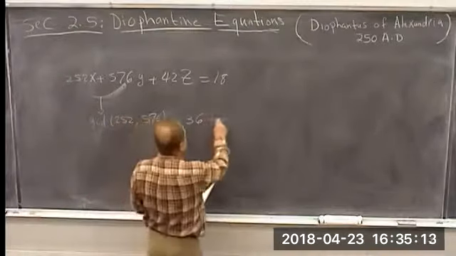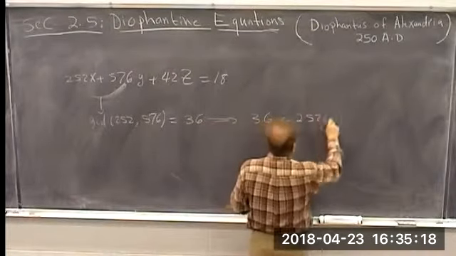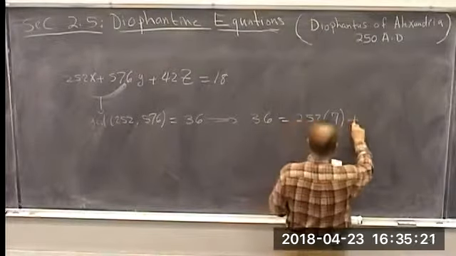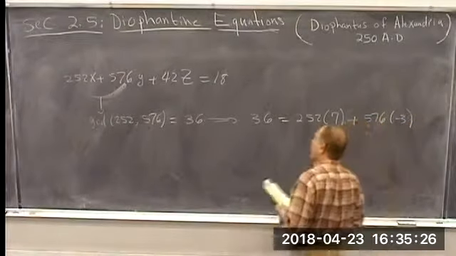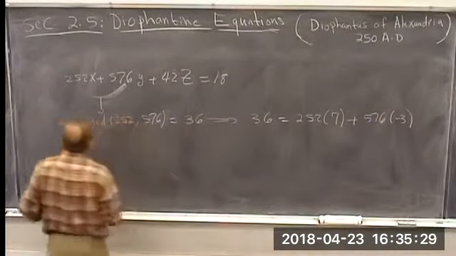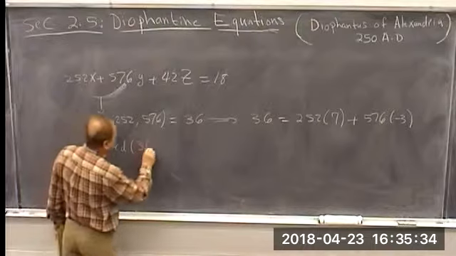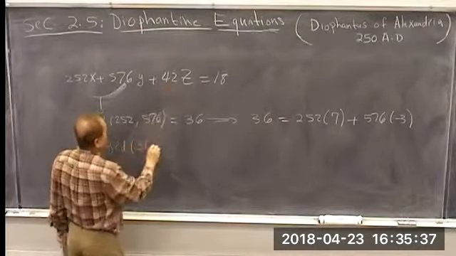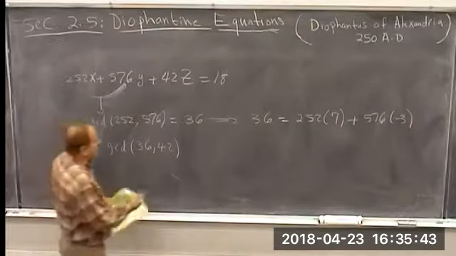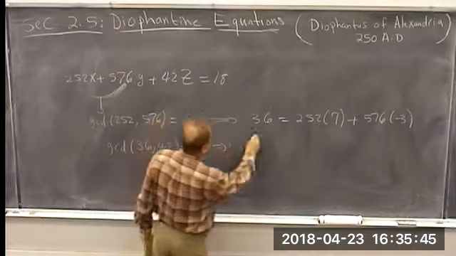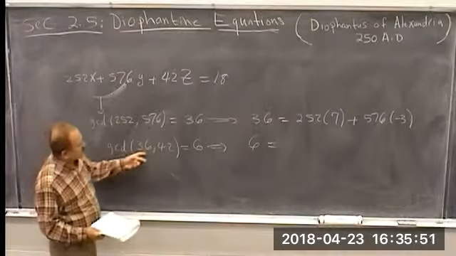So what you find is that you could write 36 as 252 times 7 and 576 times negative 3. Then you take the greatest common divisor of 36, the one which we had, and 42. Okay? And this one happens to be equal to 6. And then you express 6 as a combination of multiples of 36 and 42.